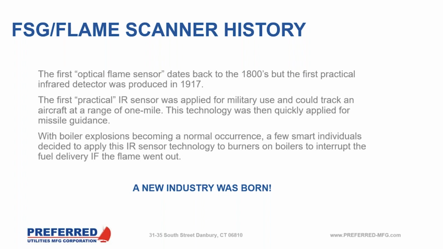And this first practical IR sensor was applied for military use. They found that when they developed this sensor, they could actually even track an aircraft at a range of like a mile away. So this technology was quickly adapted for other uses in the military, like missile guidance.